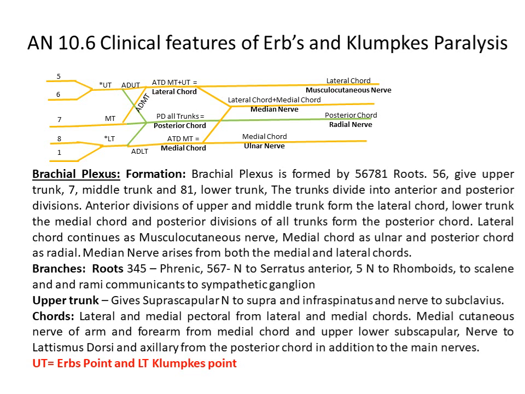The cords: lateral and medial pectoral from the lateral and medial cords, medial cutaneous nerve of arm and forearm additionally from the medial cord, and upper lower subscapular, axillary from the posterior cord, and also the nerve to latissimus dorsi.